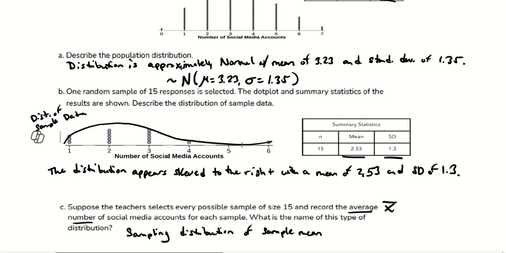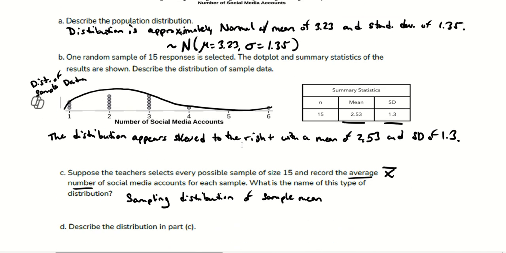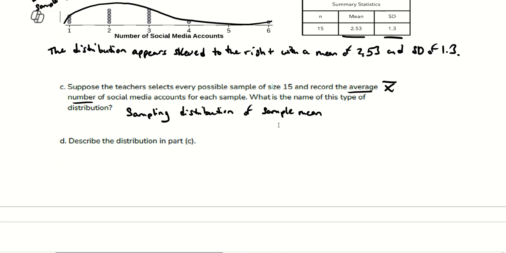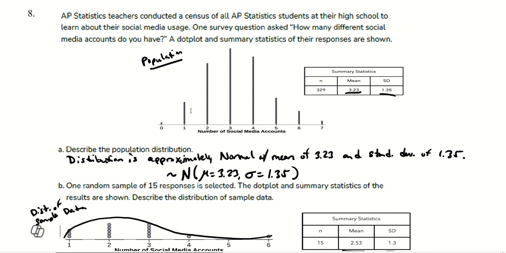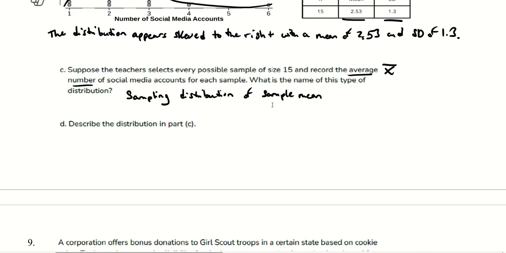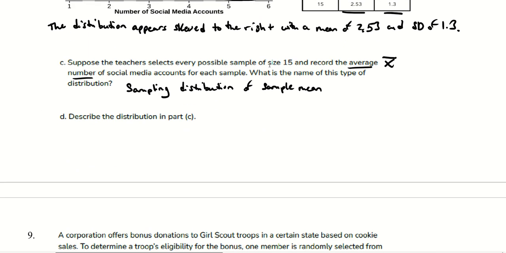So if I were to do the sampling distribution of the sample mean, then by the central limit theorem, if the population is already normal, even if the sample size is 15, this distribution is still going to be normal. So the shape is going to be approximately normal.